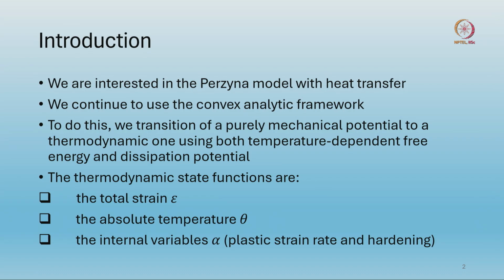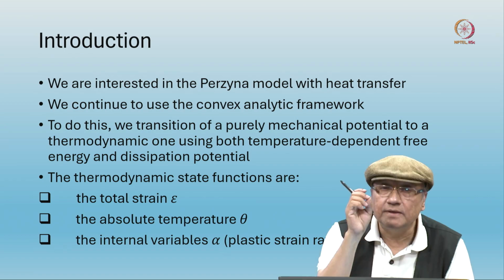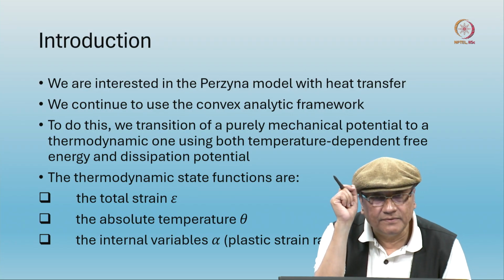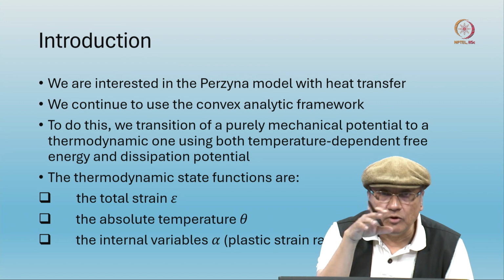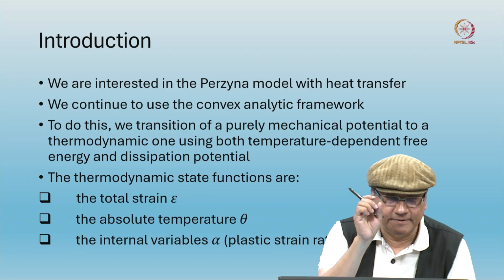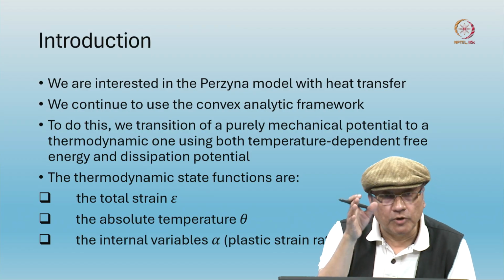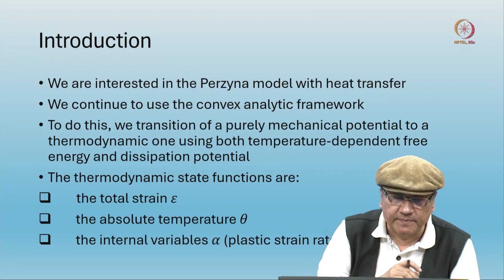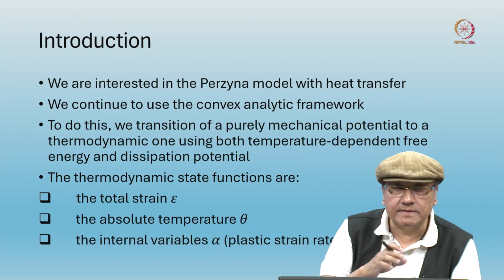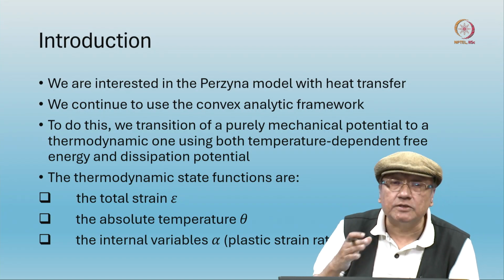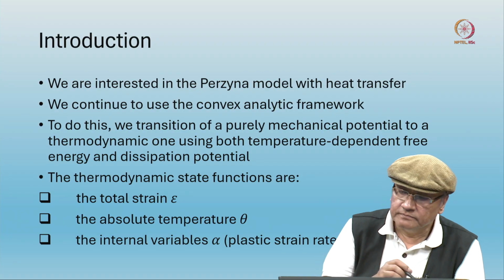Perzyna model, you remember, is that particular rate dependent plasticity model in which there is a rate independent part in the dissipation functional, right. So, the Perzyna model accounts for a rate independent component even though the overall problem is rate dependent. So, there is the notion of a yield surface that comes in, even though the forces, that is the stresses, are not restricted within the yield set, it can go past it, that is called the overstress, if you remember.